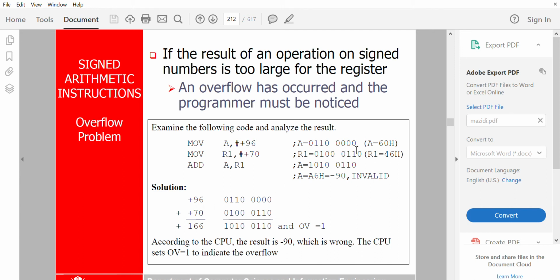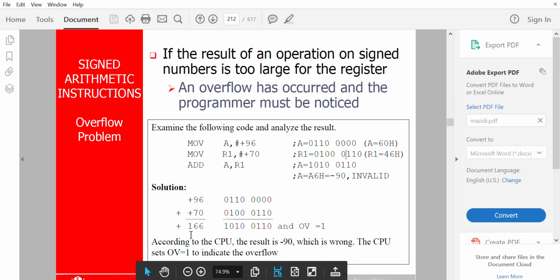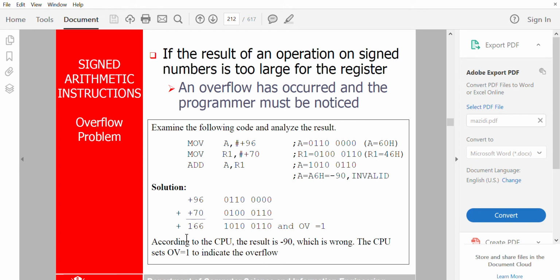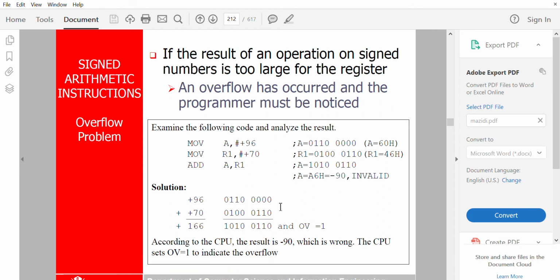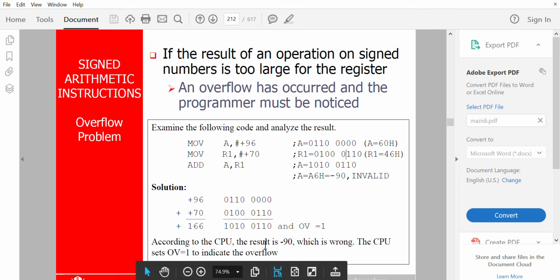What happens is, since you are writing 166, it's a larger number which cannot be accommodated using the same number of bits as in 96 and 70, which is 8 bits. You need an additional bit to represent 166. So in that case, overflow will occur.